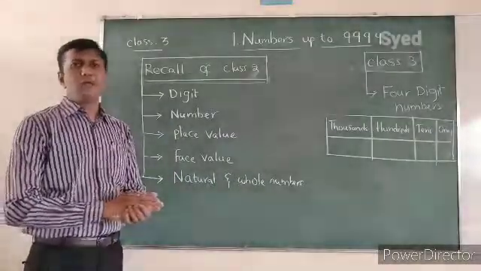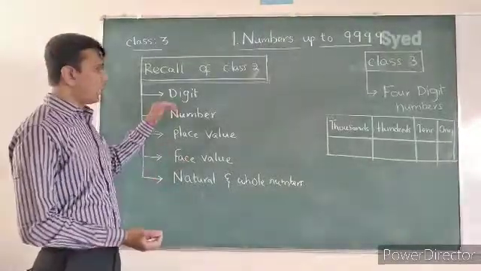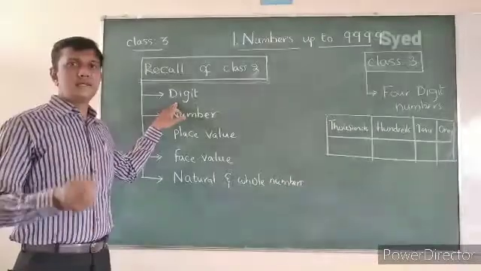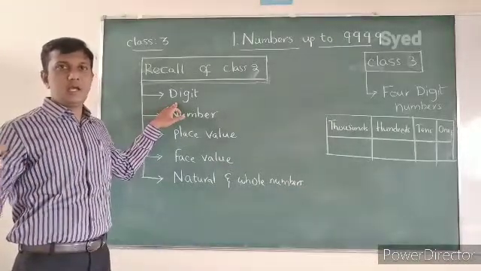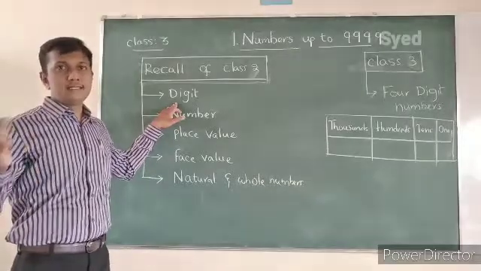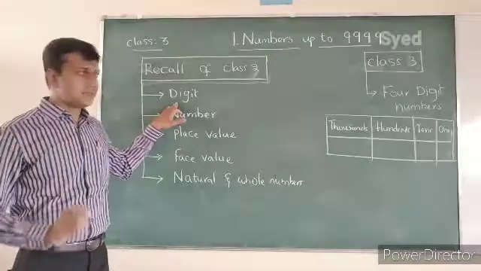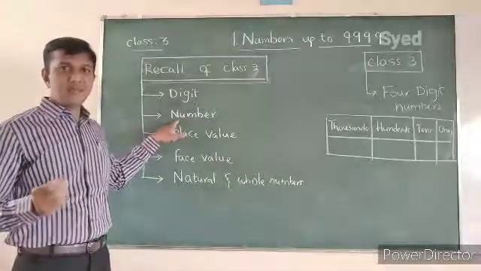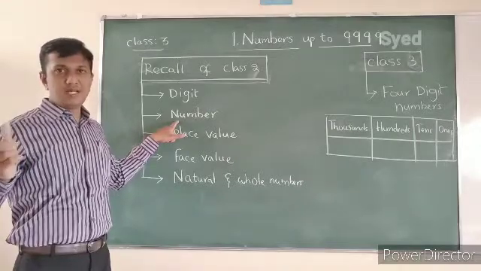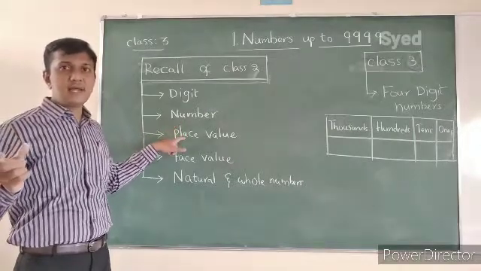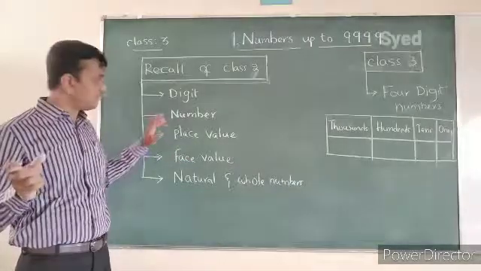So in today's session we have learned some revision part of your class 2. So what is a digit? The digits are nothing but 0, 1, 2, 3, 4, 5, 6, 7, 8 and 9. These are digits. What is a number? A combination of digits with certain place values is a number.